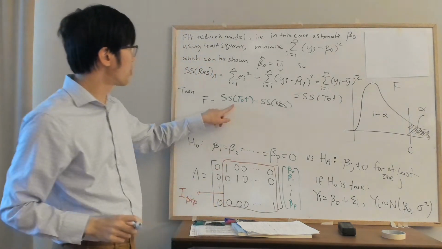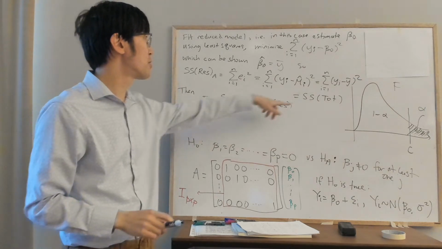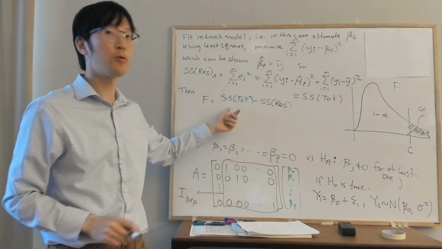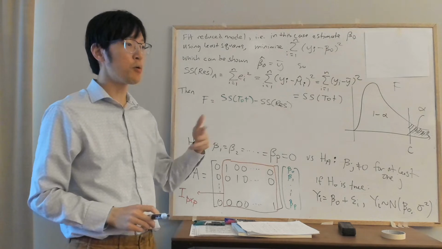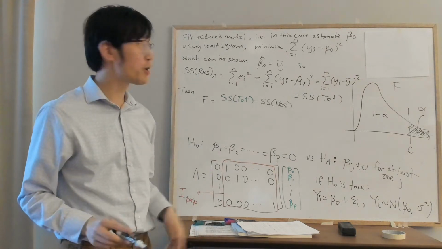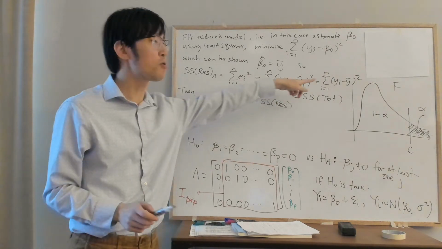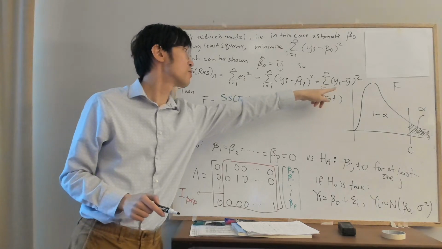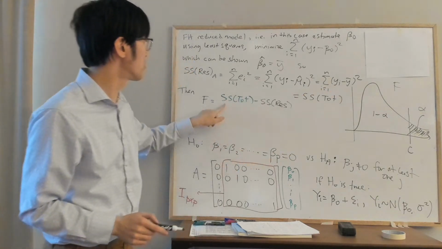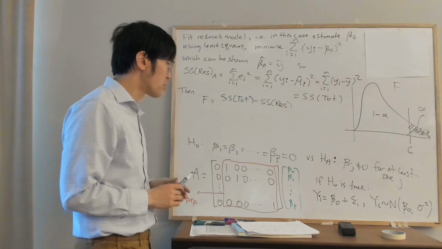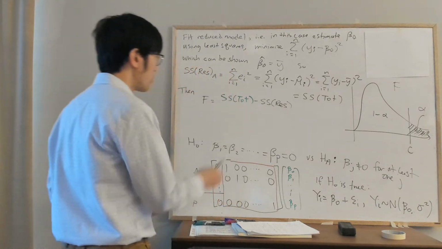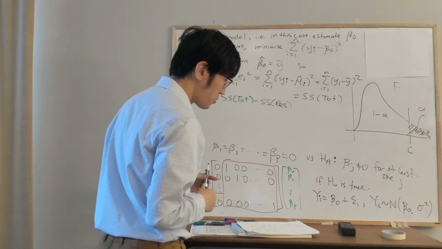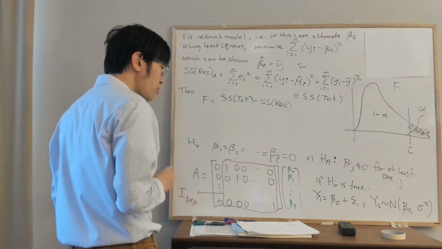Also remember here that sum of squares total only depends on the responses. So sum of squares total never changes when you add predictors to the model or remove predictors from the model. It's a function of the y_i's only, so this is the same value under any model that we would consider for the y's.